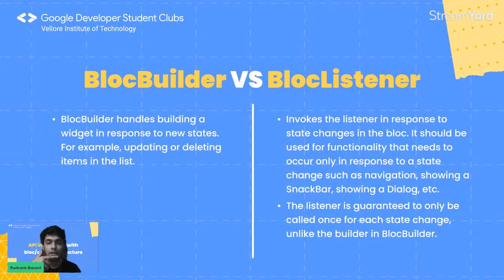And what bloc listener does is it doesn't build any UI widget. Bloc listeners perform the functions that you want the app state to have. For example, as soon as the employee is added, we want to shift to the list of employees from the screen we are adding employees for. So for that, we might use bloc listener.